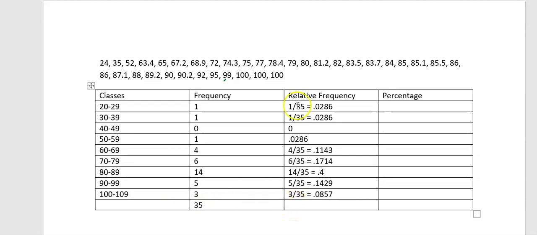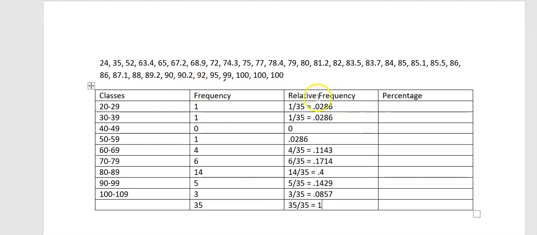All right, now, if we add up the relative frequencies, in the case of the fractions, they are going to add up to 35 over 35, or 1. Relative frequency should always add up to 1. However, when we add decimals that we have rounded, we might get slightly less than or slightly more than 1 just because we have rounded things.